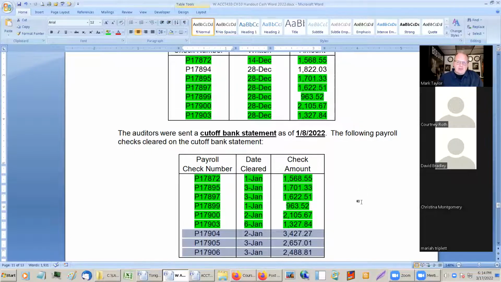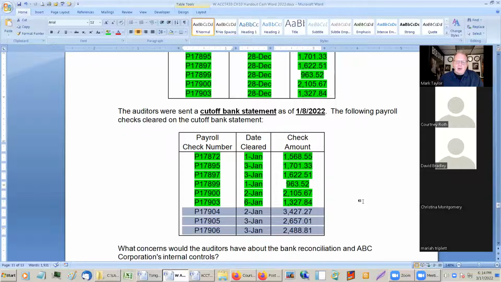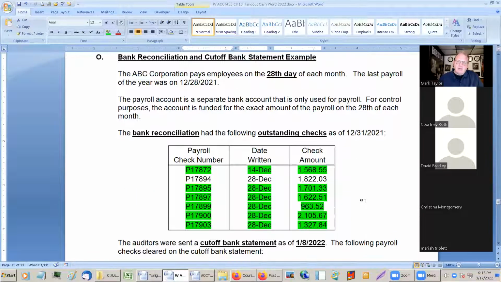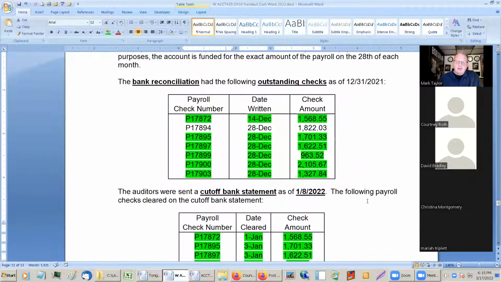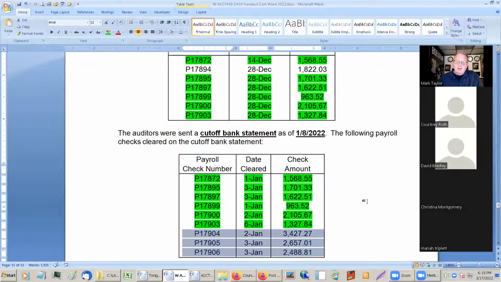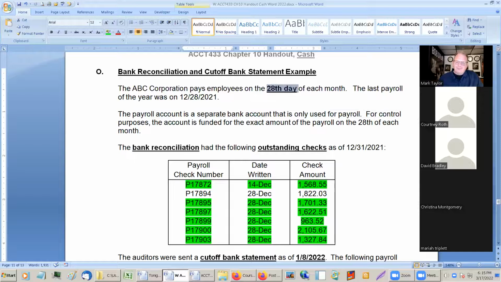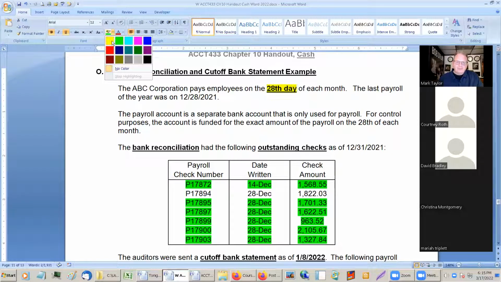That's another weird thing about this one. If these are payroll checks, why would they be written on January 1st? They shouldn't be. Employees are paid on the 28th day of the month, and those last 3 checks just shouldn't exist.